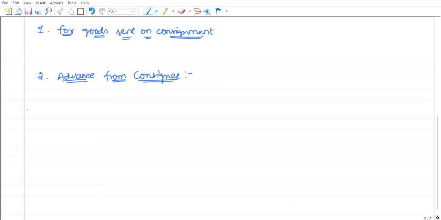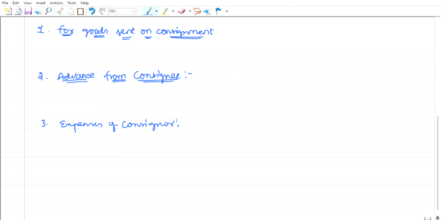And the third and foremost thing is expenses of consignor.